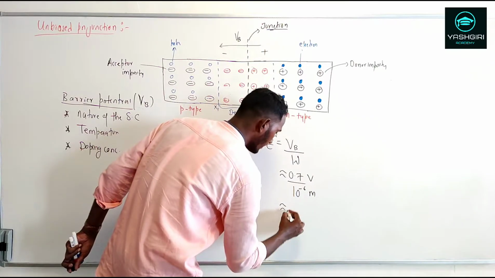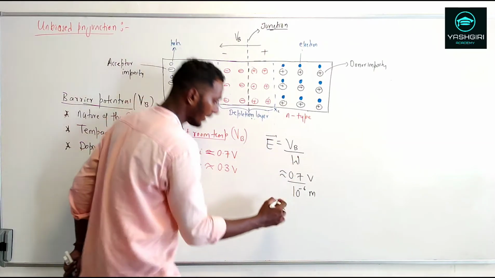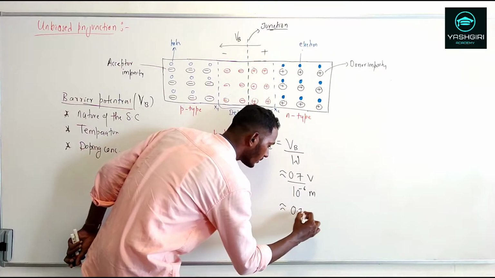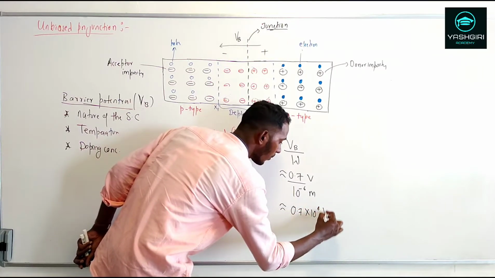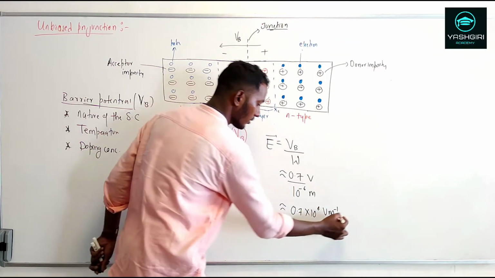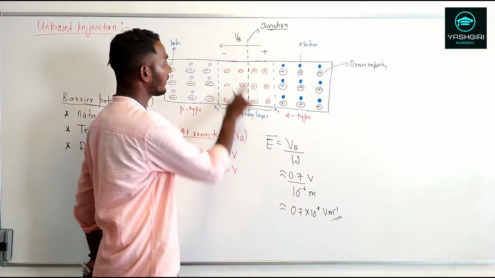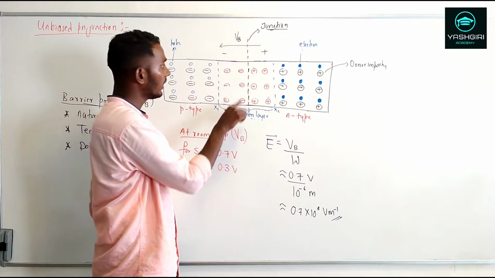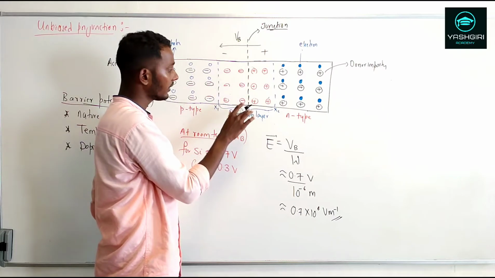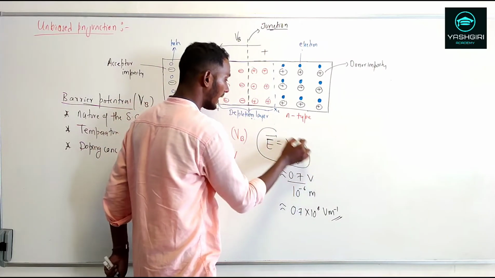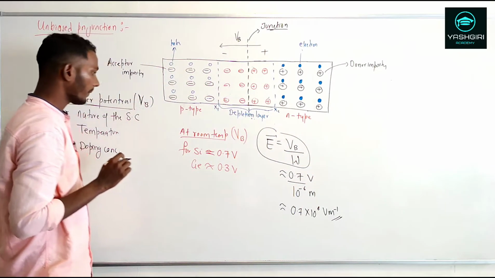It will give a very big value, that is 0.7 into 10 raised to 6 volts per meter. So the electric field which is created in this junction is very high.